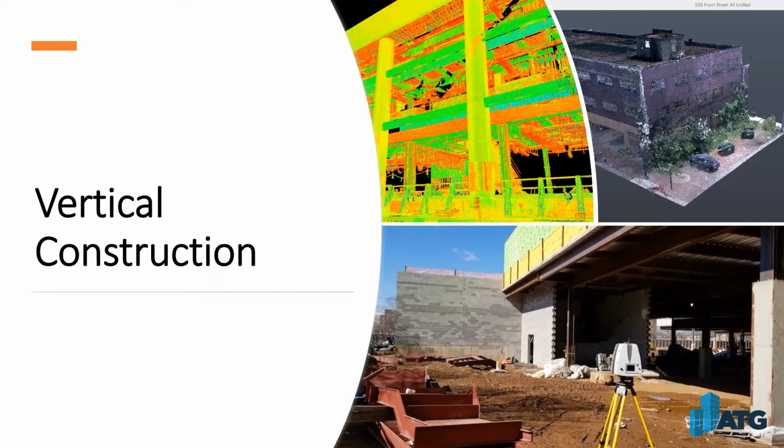That's not necessarily because the material wasn't the right material. It just kind of ends up being that way. So being able to scan as you go and update your model along the way is really crucial and really beneficial. So, vertical construction.